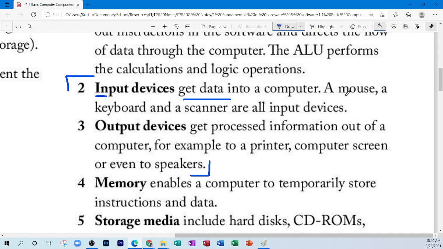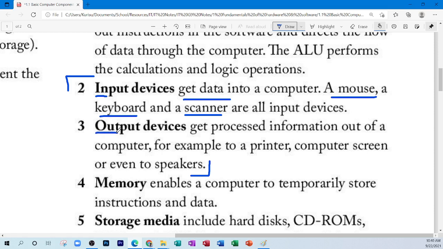And we already looked at some examples like the mouse, the keyboard. Can't remember if anybody mentioned the scanner. But those are some examples of input devices. There's an entire chapter on input devices, and we'll look at more examples of those devices.